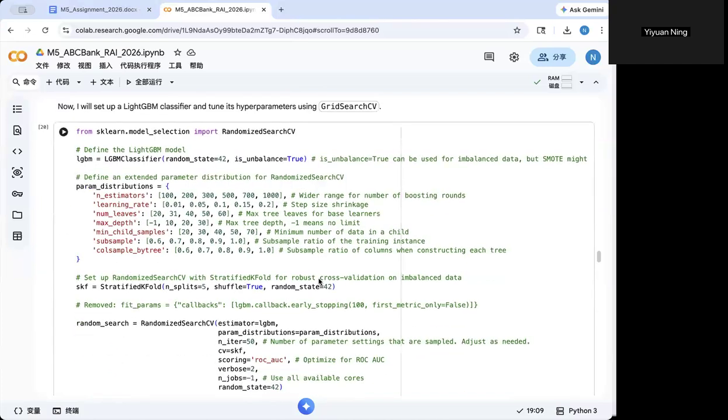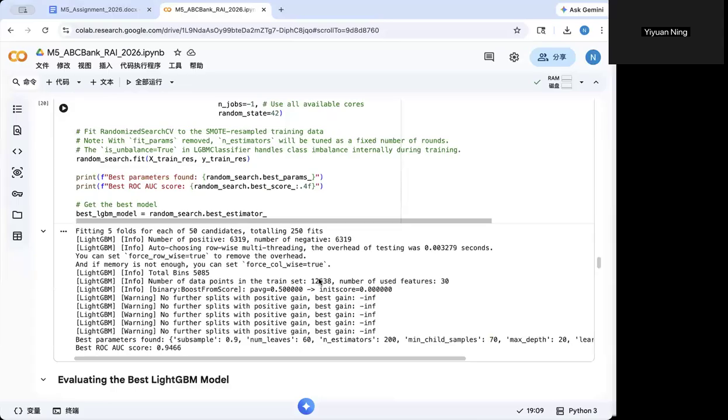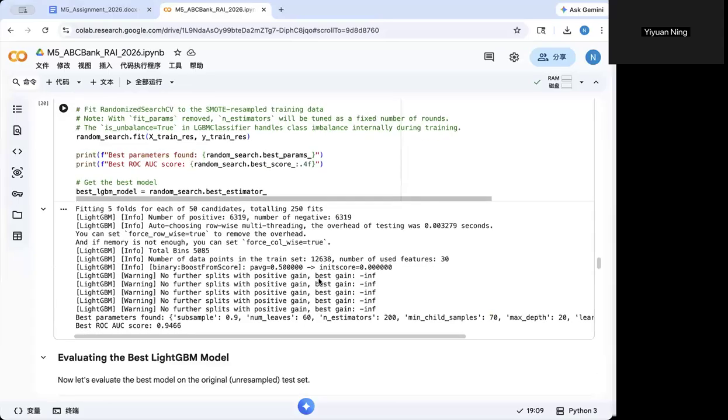Next, I developed a LightGBM model and again used randomized search CV to optimize the hyperparameters. After tuning, I evaluated the model on the original unresampled test set. Compared with XGBoost, LightGBM achieved better predictive performance with a higher AUC score.